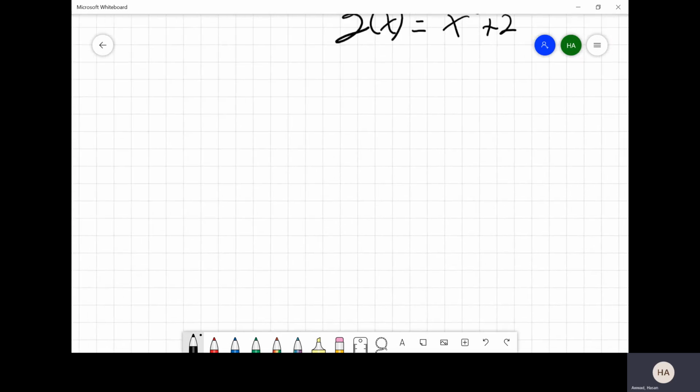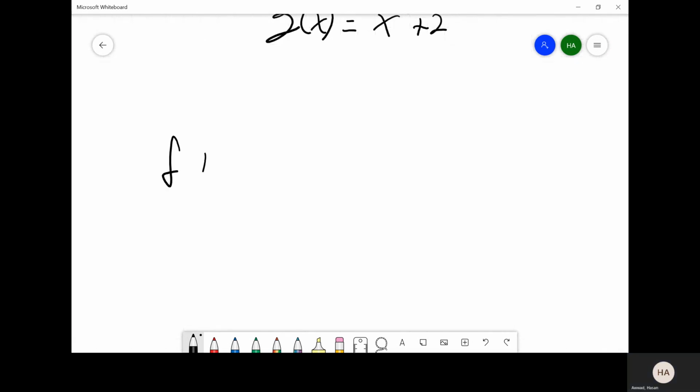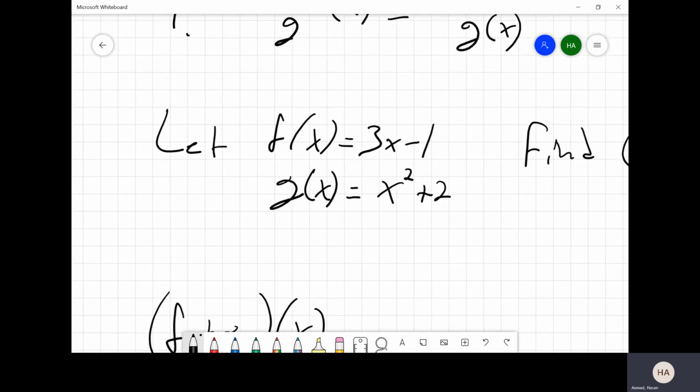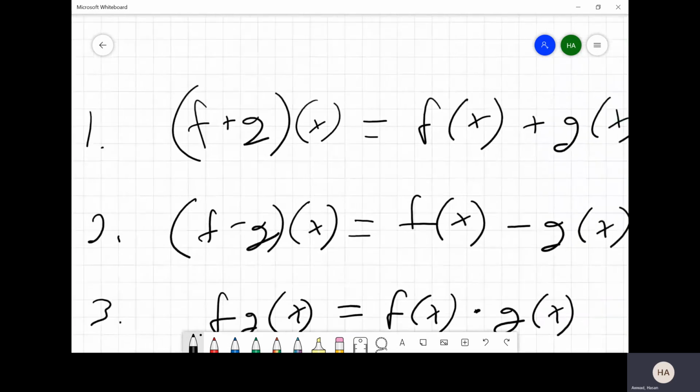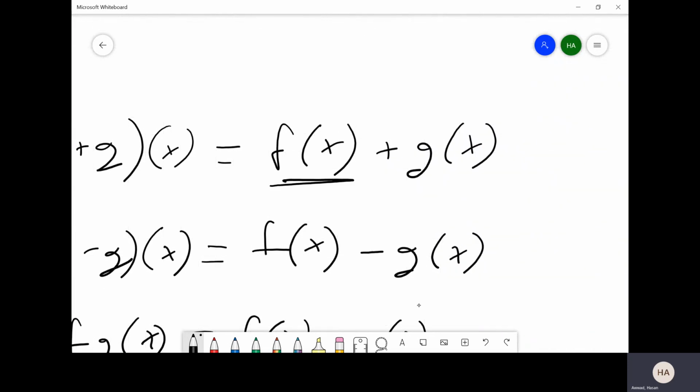Working through the addition one, f plus g in regards to our variable x. Like I said, way back up here for our rule, it's as if you split them up into the two different functions and then add the two different functions together.